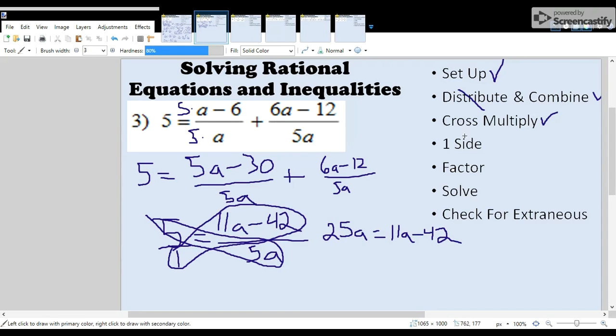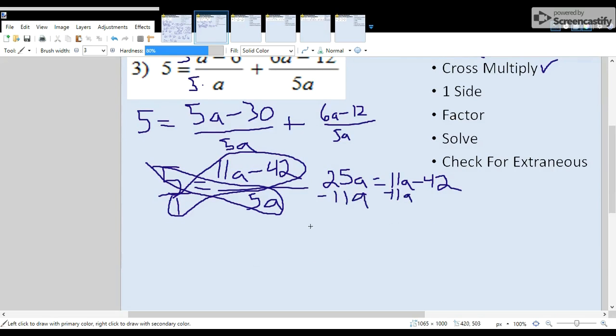Now we're going to move everything to one side of the equation. Let's move everything over to the left side. So go ahead and subtract 11a from both sides of the equal sign. So then we get 14a equals negative 42. Well, let's add 42 to both sides now.